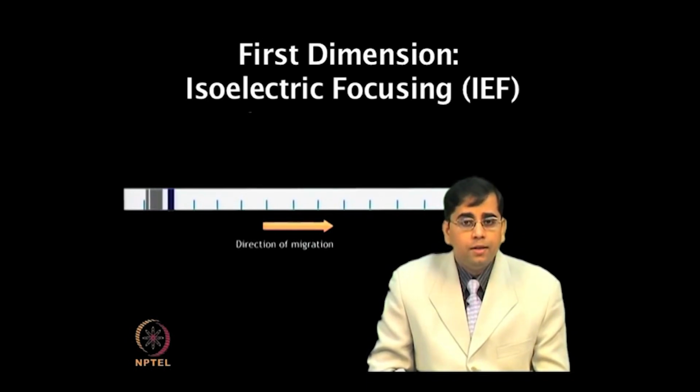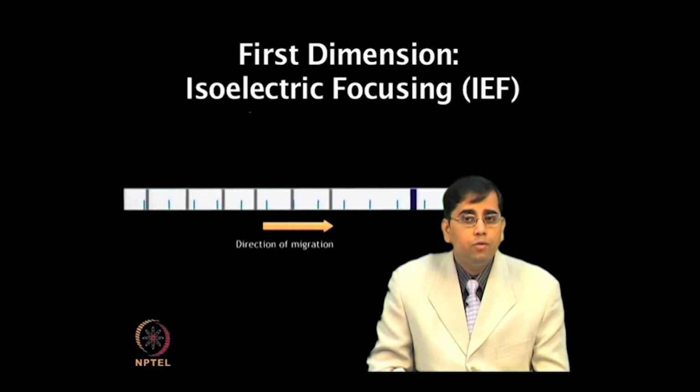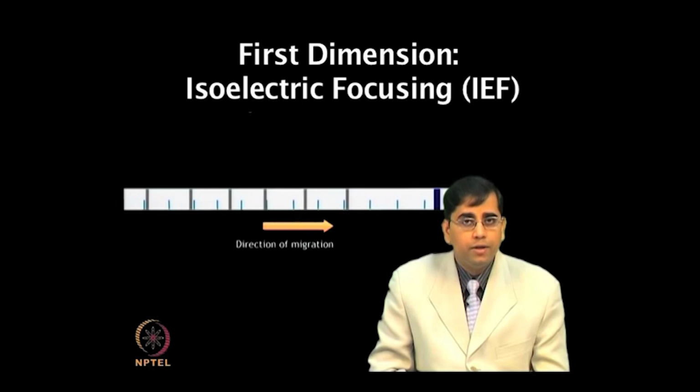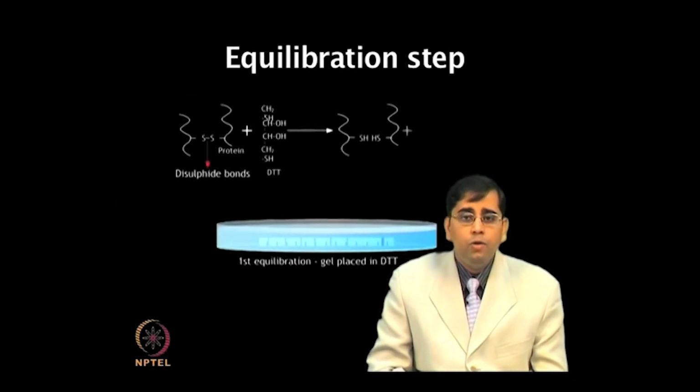The proteins migrate along the strip and come to a rest at a point where their net charge becomes 0, known as isoelectric point.